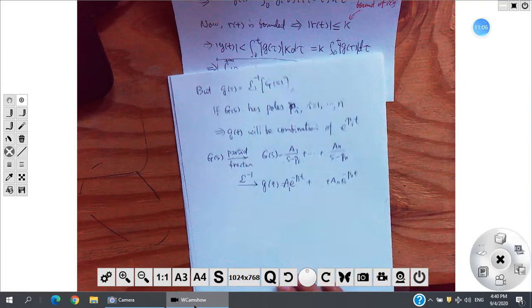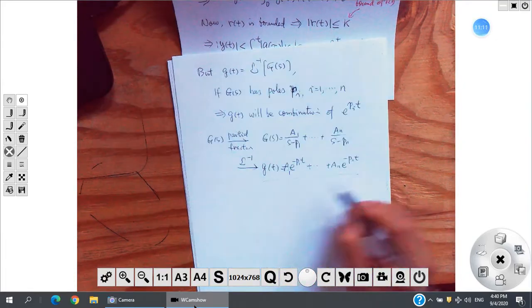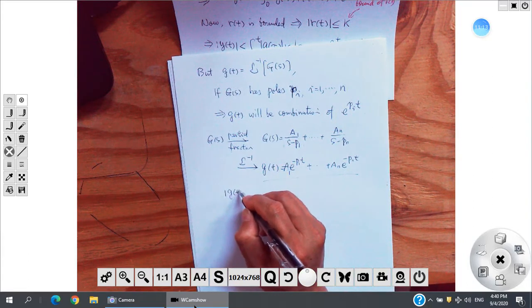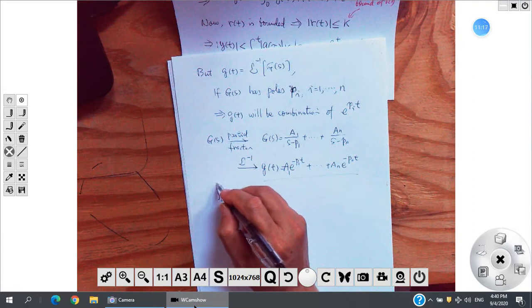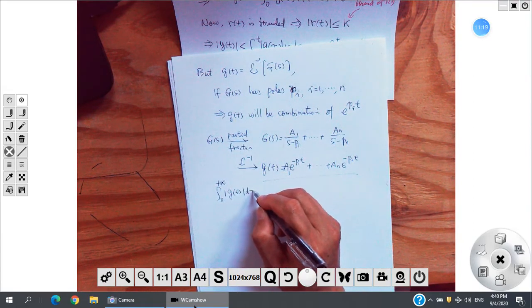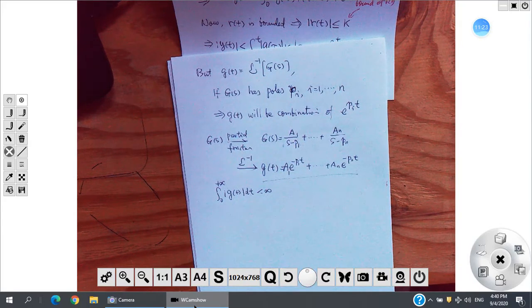Okay. But then it doesn't matter. For this kind of thing, the integration of the absolute value of g of t is a number, not infinite. It's a constant.